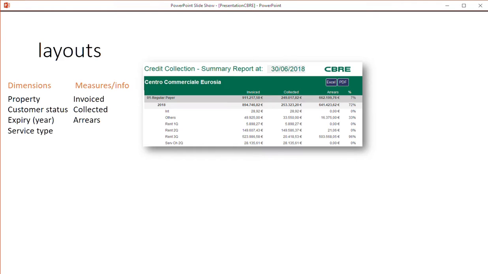The top in terms of aggregation is the summary report that shows invoiced, collected, and arrears, grouped by property, customer status, year of expiry, and service type. As we have the invoice line, not only the full invoice, we can break down to the service type.